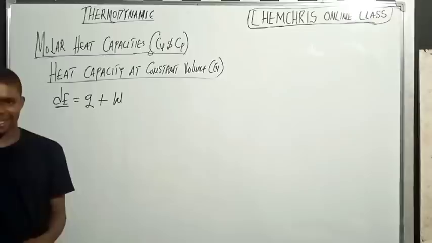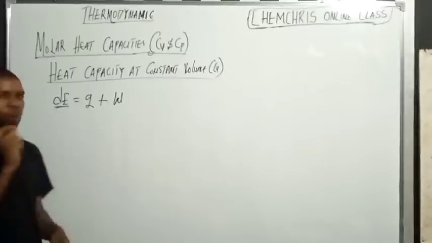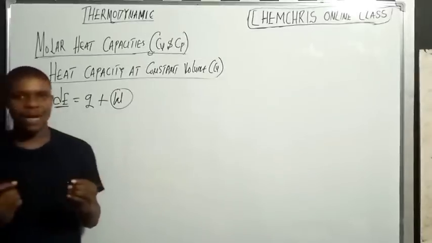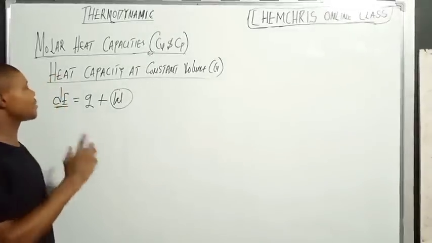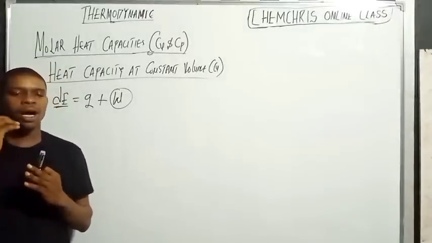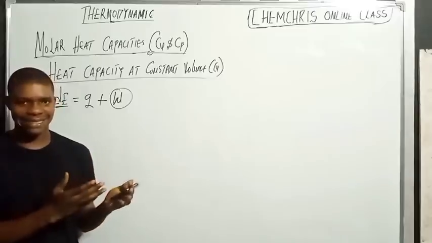Q is the heat absorbed or involved, and W is the work done. This work done can either be expansion or compression. If you are talking about heat capacity at constant volume, the work we are looking at is expansion work, that is work done by the system.